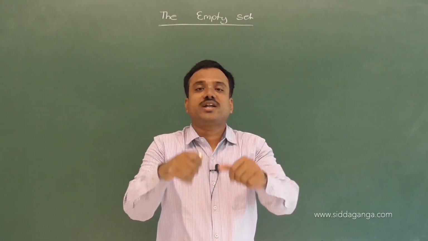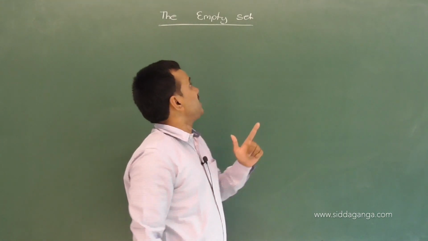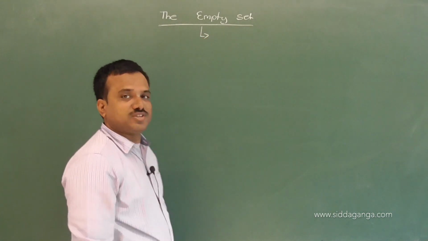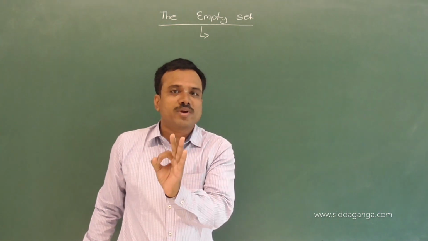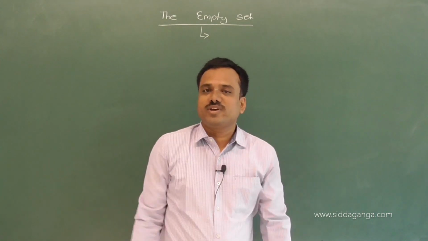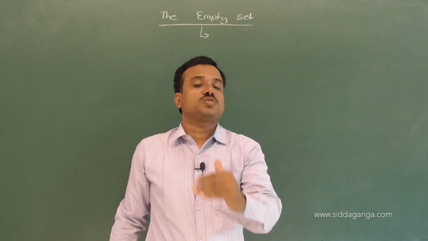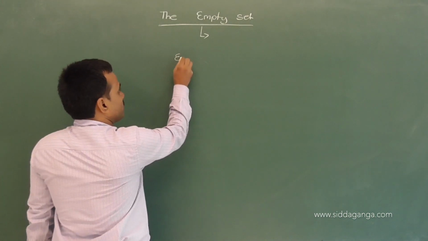It does not contain any elements. Such a set is called what? Empty set. Empty set means a collection of elements is not present, otherwise in another way we have to say it does not contain any elements.